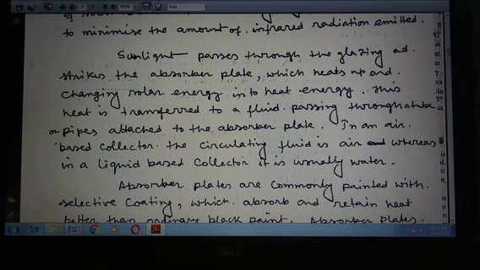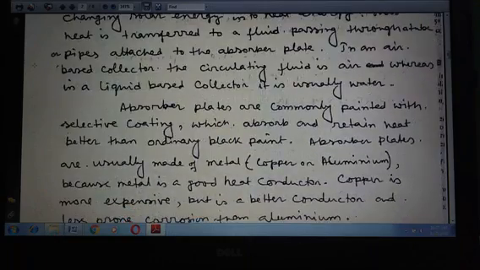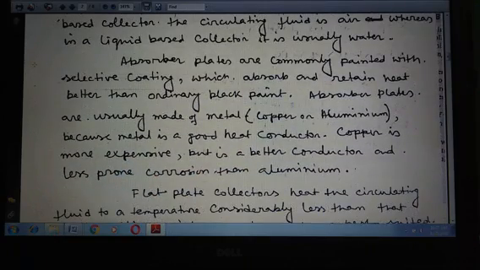In an air-based collector, the circulating fluid is air, whereas in a liquid-based collector, it is usually water. Now, the absorber plates are commonly painted with several coatings which absorb heat better than ordinary black paint. So special types of paint are used.